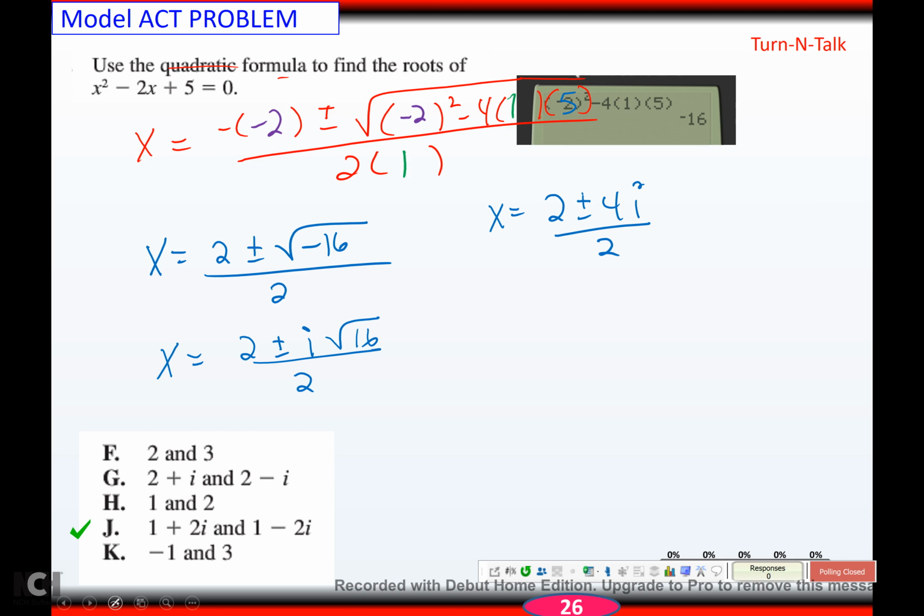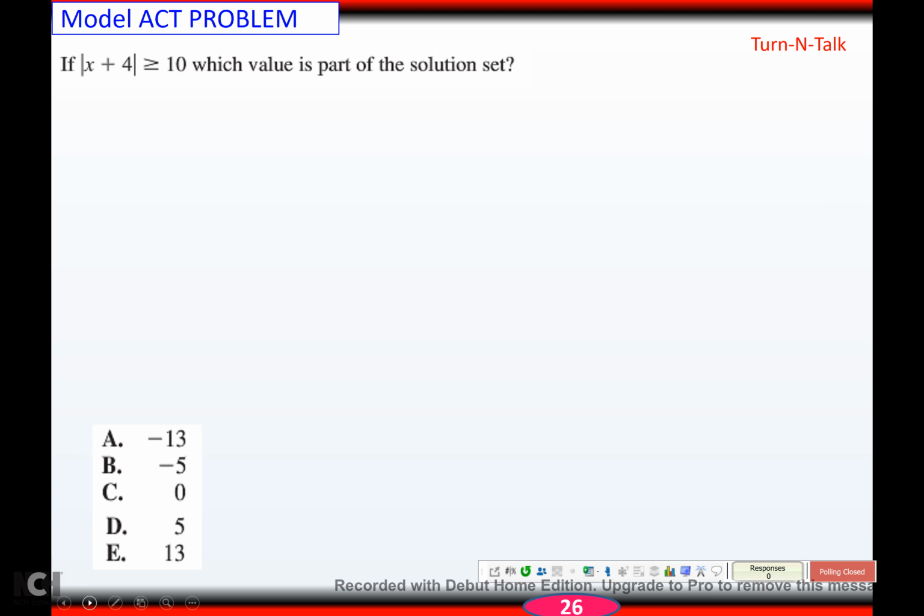And then the 2, 2, and 4 can all be reduced by 2. 2 goes into 2 once, 2 goes into 4 twice, 2 goes into 2 once. So my final answer is 1 plus or minus 2i. And they write it out as 2 separate ones. Okay? Alright, try this one. Hit pause. Come back when you're ready.